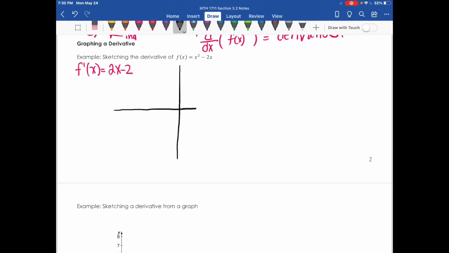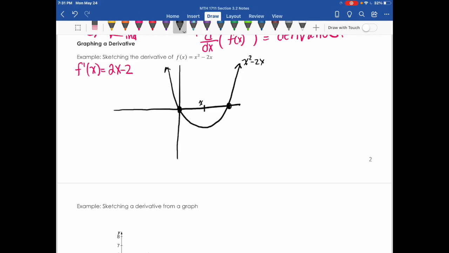But if I just looked at the graph of x squared minus 2x, and I wanted to draw a rough sketch of the derivative, here's the graph, just a rough sketch of x squared minus 2x. I know it has zeros at 0 and 2 because that's the values of x that I would plug in to get out 0 for the y value.